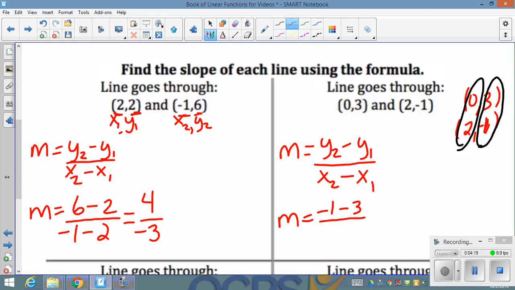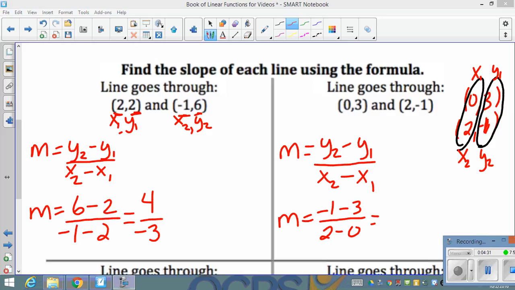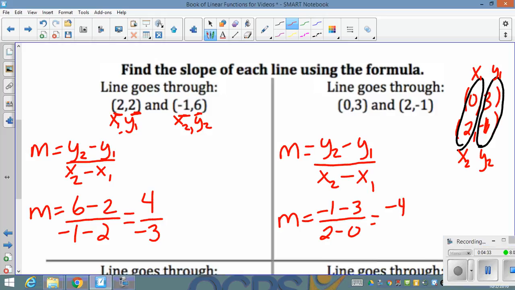The order is important. This is your x1, y1. This is your x2, y2. Doing my arithmetic here, I get negative 4 over 2, and I can reduce that to just negative 2. So the line that goes through the points 0, 3 and 2, negative 1 has a slope of negative 2.